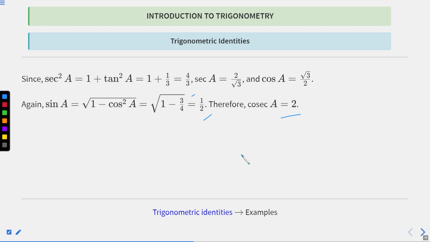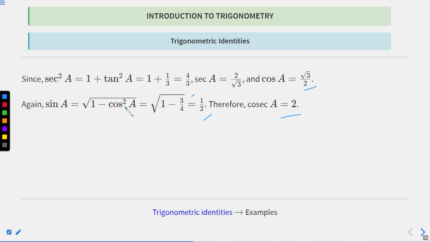Okay, so initially we were given the value of one trigonometric ratio, that is tan A is equal to 1 by root 3. Then we found the value of cot A, which is the reciprocal of tan A, so cot A is equal to root 3. By using this identity we found the value of sec A, which is 2 by root 3, and we used the definition cos A is equal to 1 by sec A, so we get cos A is equal to root 3 by 2.